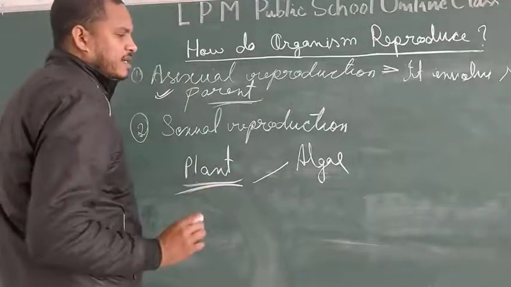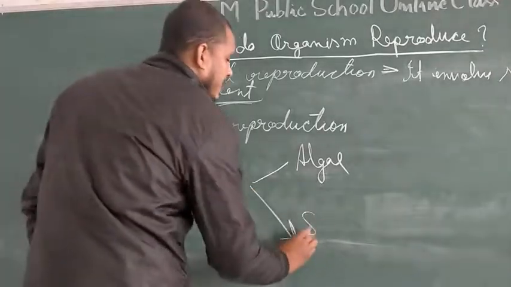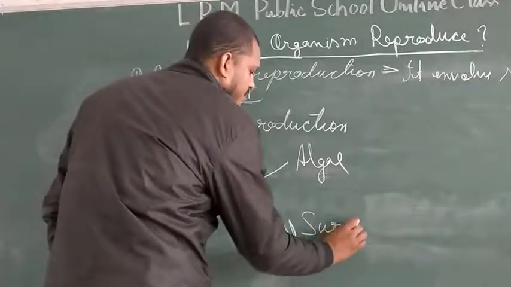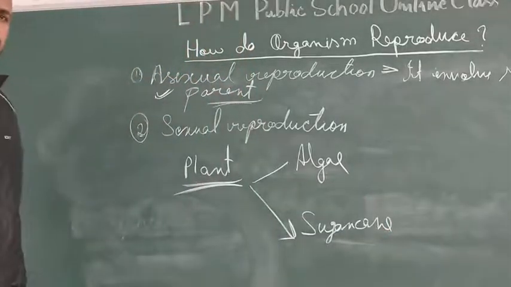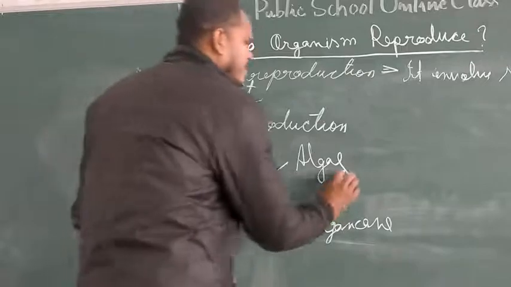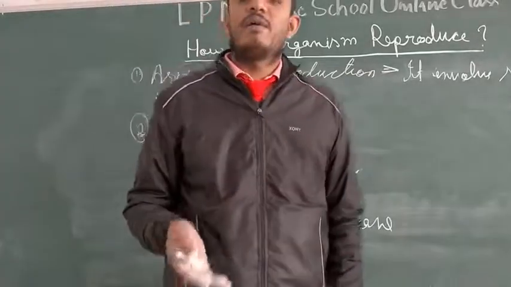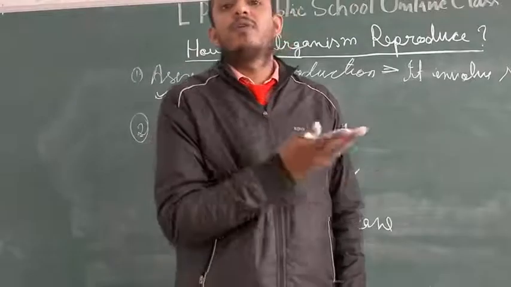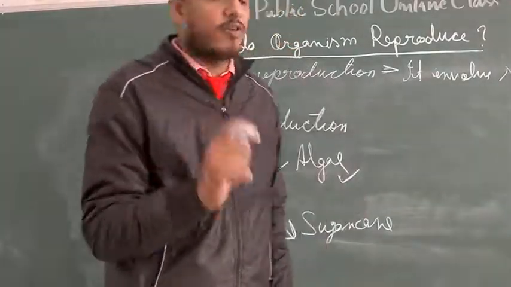In the plant kingdom, algae are there, sugar cane is also there in the same kingdom. Asexual reproduction is used by them also. Simply, the body breaks down into fragments, and each fragment has the capability to give rise to new ones. Correct? Means only a single parent is involved.